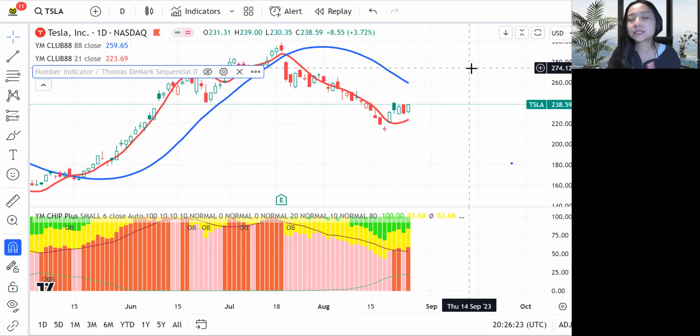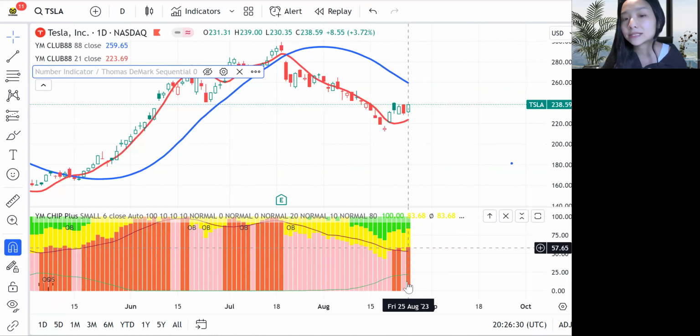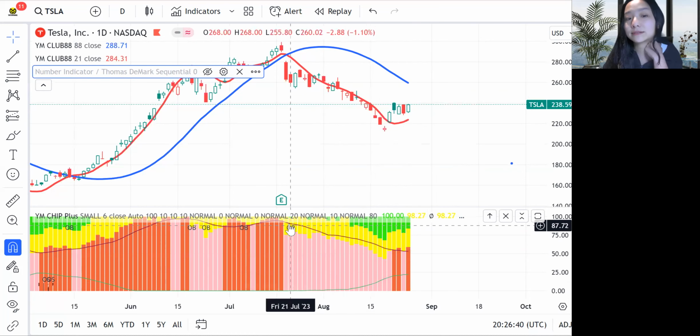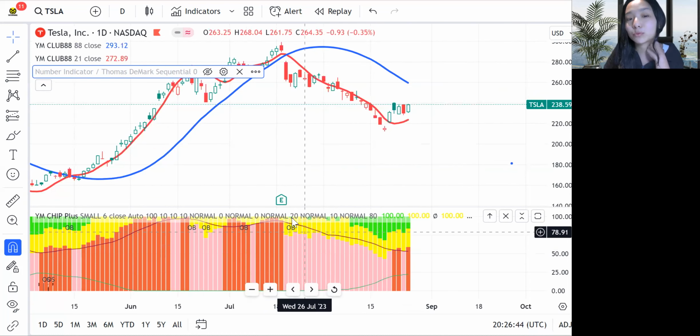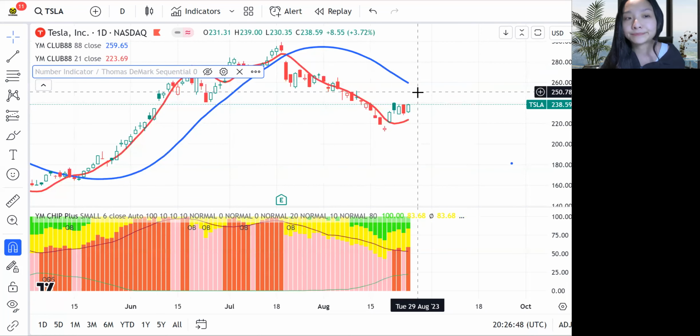Okay, so this is point number one. Point number two is they go above the blue line, and the cheapest goes above this average also. What does it mean to go above the average? It means this is a strong stock, okay? If this is weak, look at this. The purple line is always above the red line. The worst is they are declining. You see? So a very easy indicator to use.